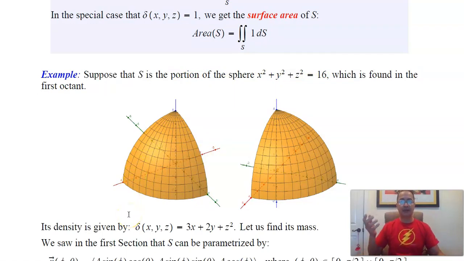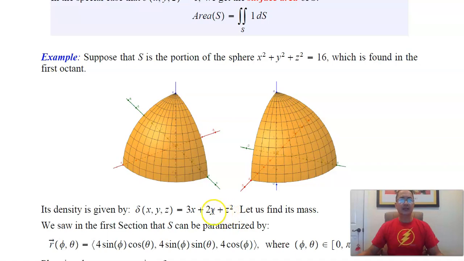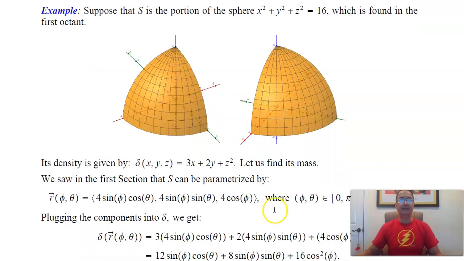I hope you remember how to parametrize that. So phi will go from 0 to pi over 2, and theta will also go from 0 to pi over 2, because we only want the first octant for the surface. Its density is given, let's say, by this function. We will find its mass and later on its surface area.